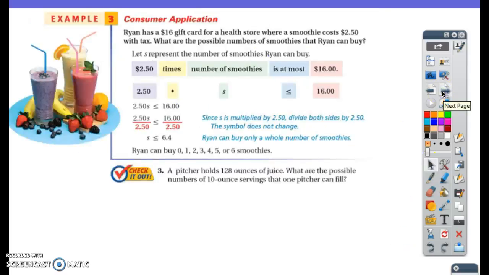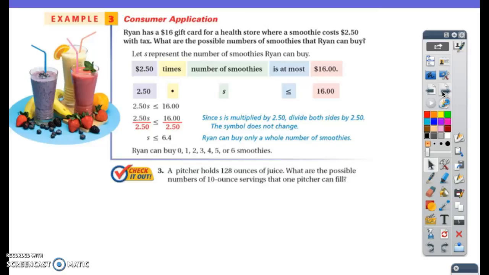Okay, the last one we're doing is a consumer application. This is just going to be word problems, which I know you all love very much. It says a pitcher holds 128 ounces of juice. What are all the possible numbers of 8-ounce servings that one pitcher can fill?